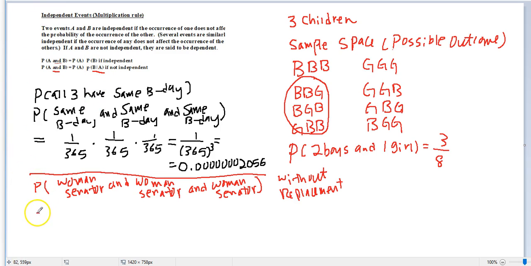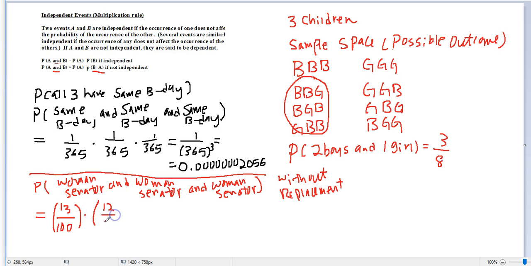So in this case, I told you that there are 13 women senators. So the first probability is going to be 13 out of 100. That's the probability that you will pick the woman senator. Now, because this is without replacement, we just picked the woman senator, and since we are not going to put it back, everything's going to be reduced by 1.